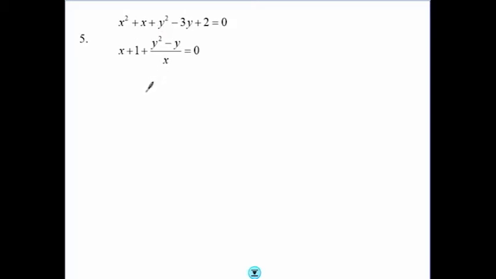So to get rid of the fraction, I want to multiply everything in this equation by x so that I can cancel out the denominator and not have a fraction anymore. So you need to make sure that you distribute. So I have x squared plus x plus, and then here's where the x cancels out with the denominator. So I'm just left with y squared minus y equals 0.